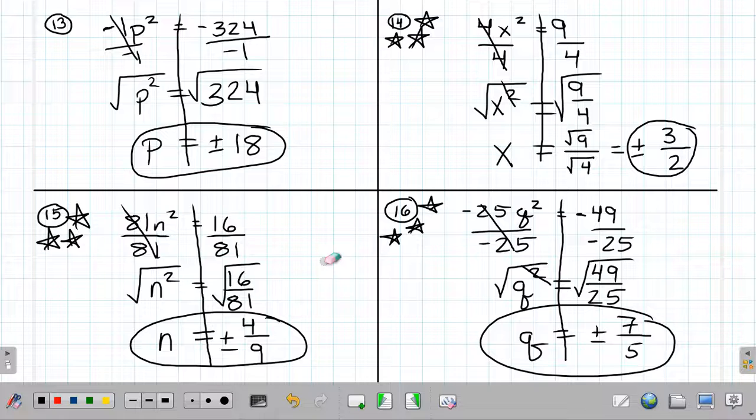You can see down here when I worked on number 15 and 16, I just skipped a step. I didn't actually break it apart, but I just knew I was taking the square root of a fraction. That's the square root of the top, square root of the bottom, which in these cases should have been easy because these are ones you should know from your times table. Same with 9 and 4 and 49 and 25.